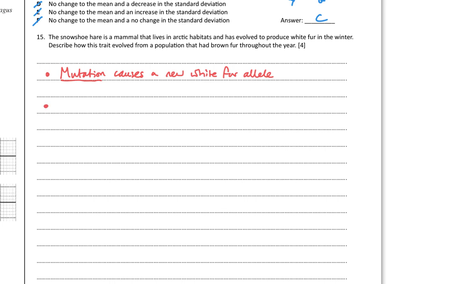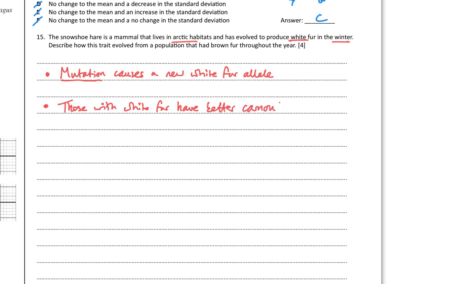Next one, you say how being white aids survival. If it's white fur in the winter, it's an Arctic habitat, so it's probably a camouflage thing. It's snowy, and therefore those with white fur, these few mutants with white fur, have better camouflage.